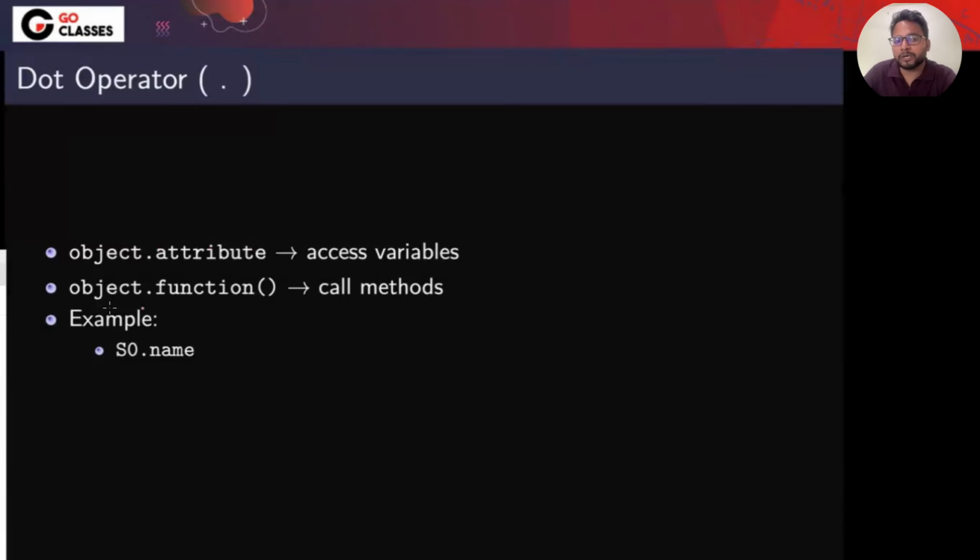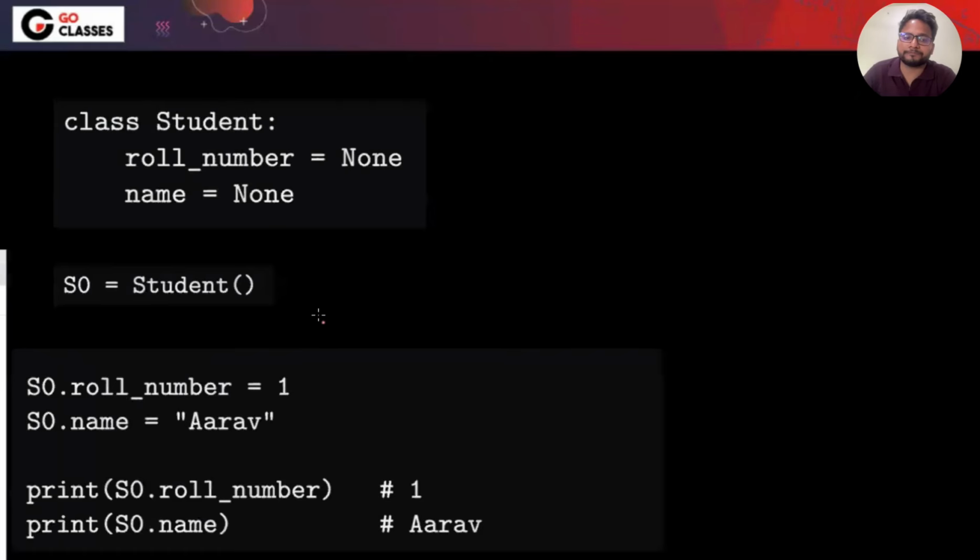I mean, today only, but a little later, after half an hour, or maybe a little less than half an hour. So we will see the functions. The functions are also there in the class, and the way you access the function is using the same dot operator. Okay, so dot operator is there if you have attributes or functions, right? So 1 and Arab will get printed in this case.